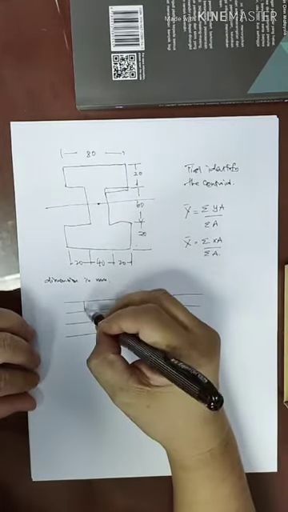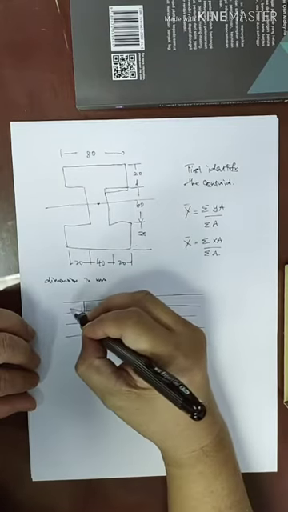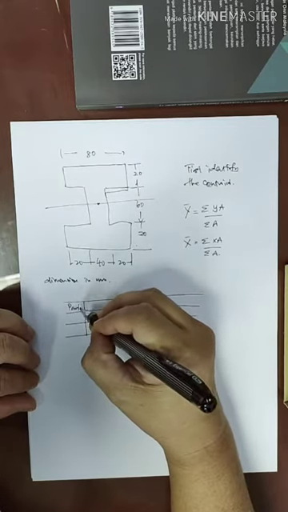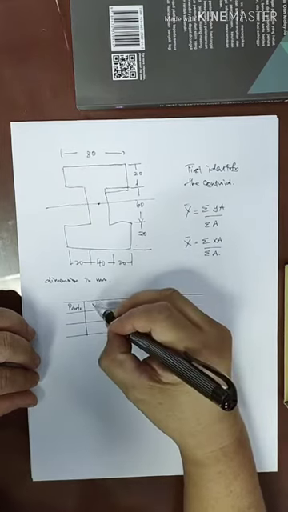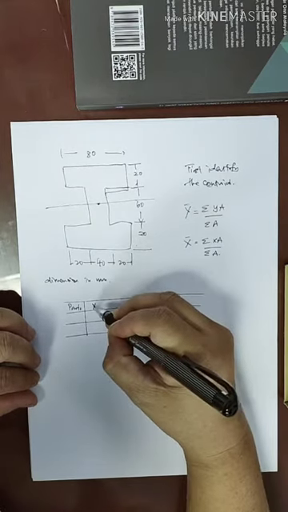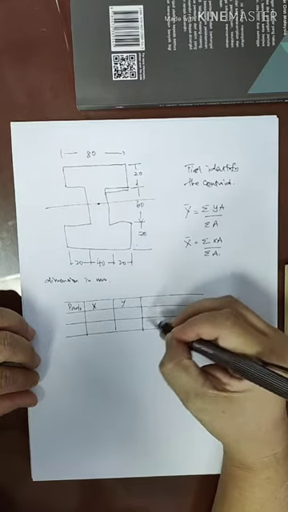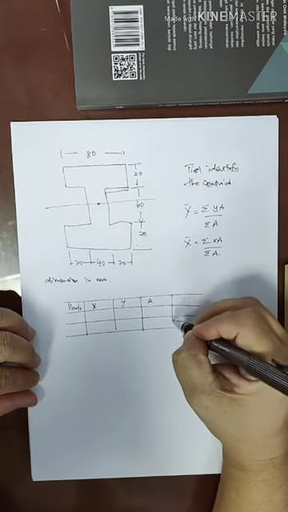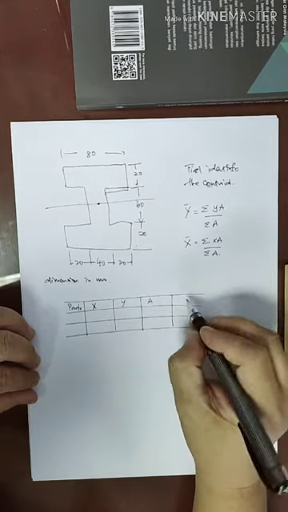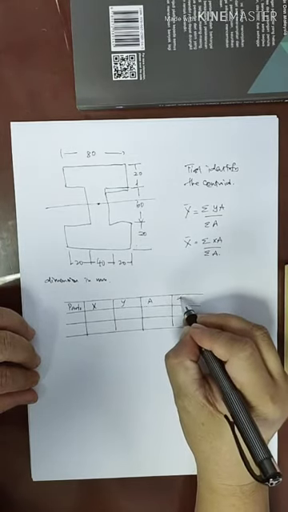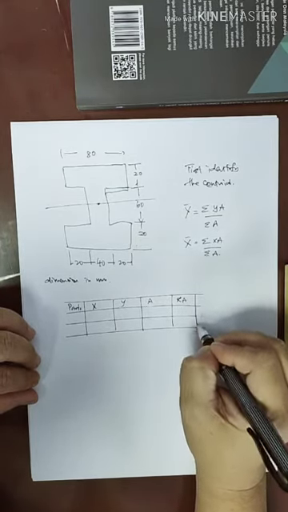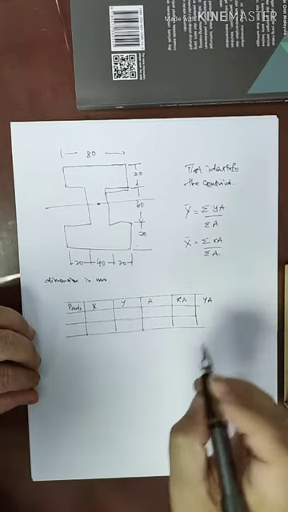Okay, we identify the parts, we identify the x, the y, the A, also xA, and also yA.